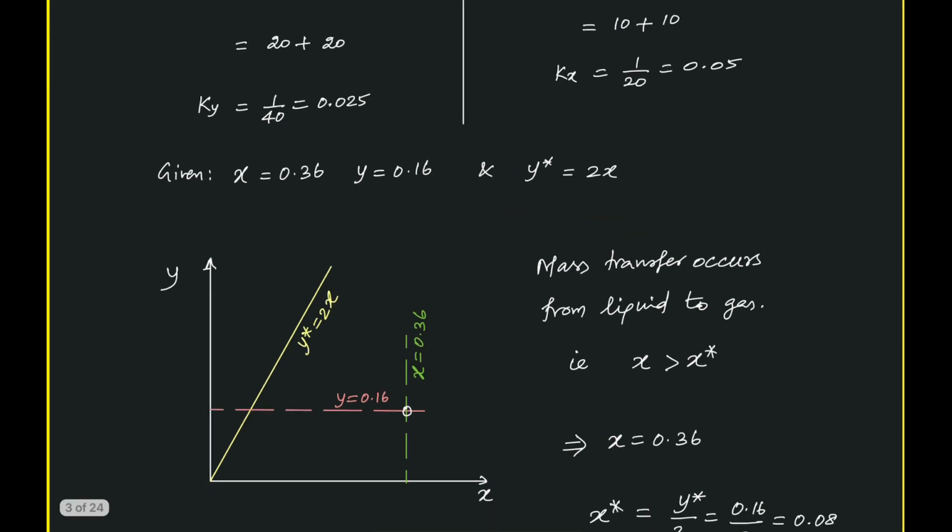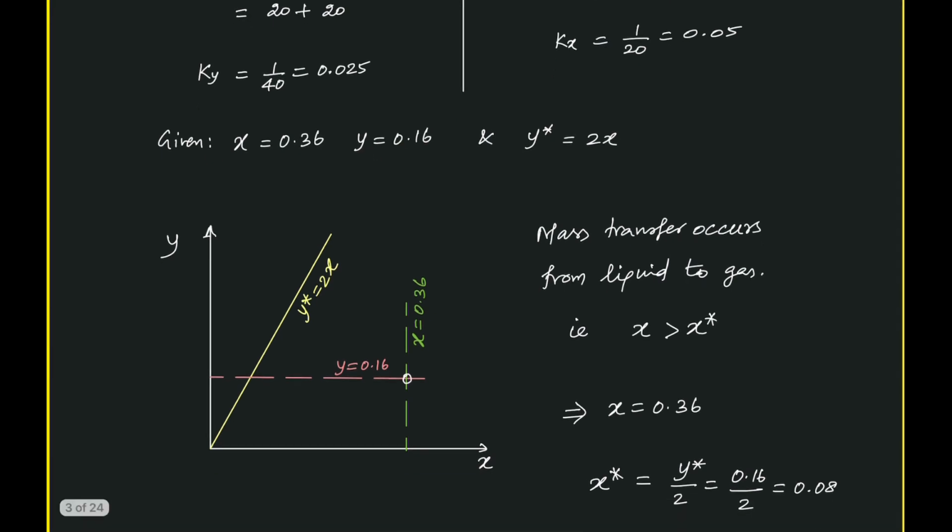So we can represent this data schematically. The y versus x plot is available here. We have the equilibrium relation y star equal to 2x, and the value of y, which is 0.16, and x, which is 0.36. This is the concentration of the coexisting phases. We can easily say that this point, corresponding to y of 0.16 and x of 0.36, is well away from the equilibrium concentration.